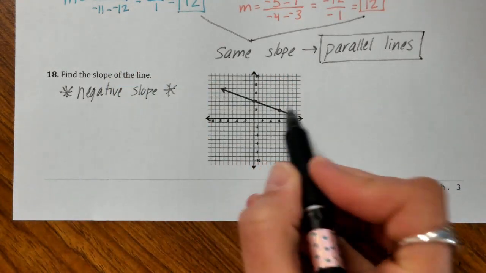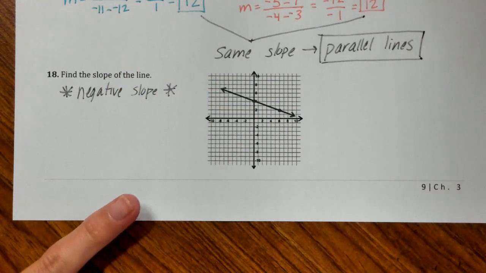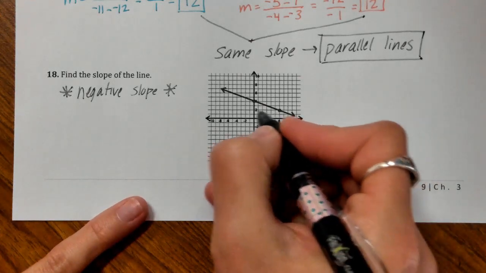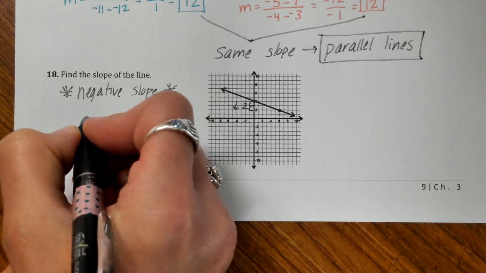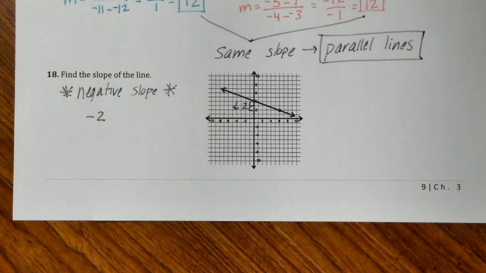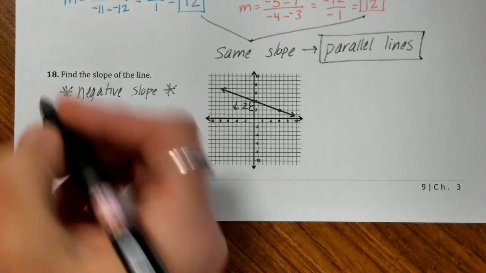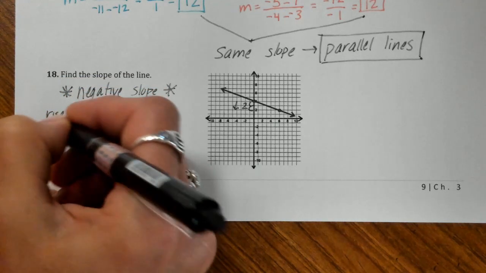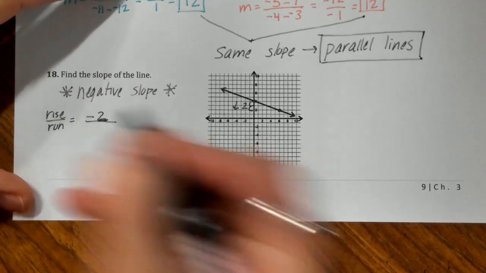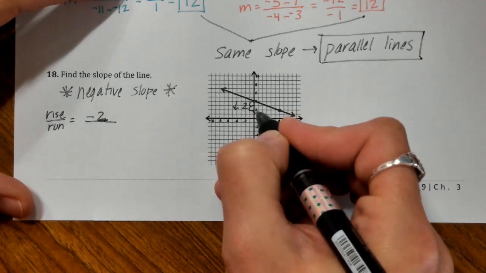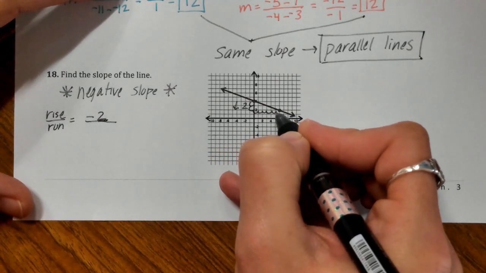So we're going to go from point to point. We're going to find our rise, which technically in this case is going to be a fall in line. We're going to go down 2, making it that negative 2. When we go downward, it is a negative. I'll put over here our formula, rise over run. We have down 2, and then over 1, 2, 3, 4, 5, 6.